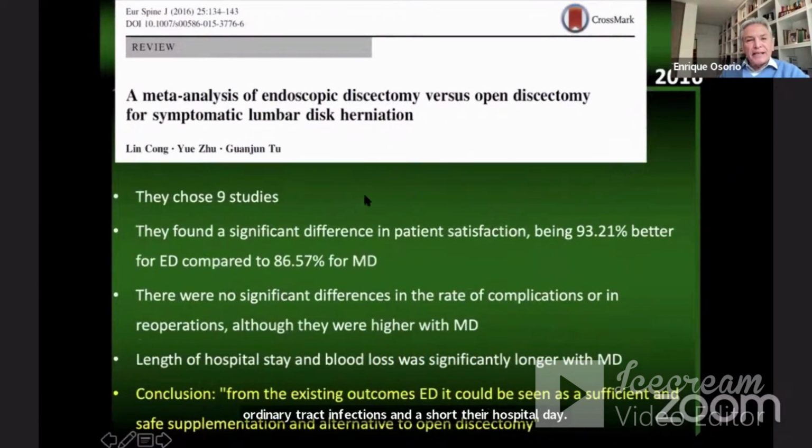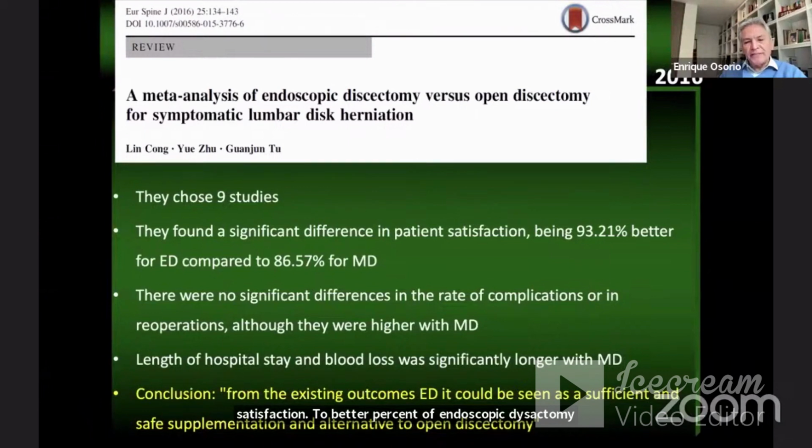And this meta-analysis of endoscopic discectomy versus open discectomy, in these 9 studies, they found a significant difference in patient satisfaction, being 93% for endoscopic discectomy compared with 86% for microdiscectomy.